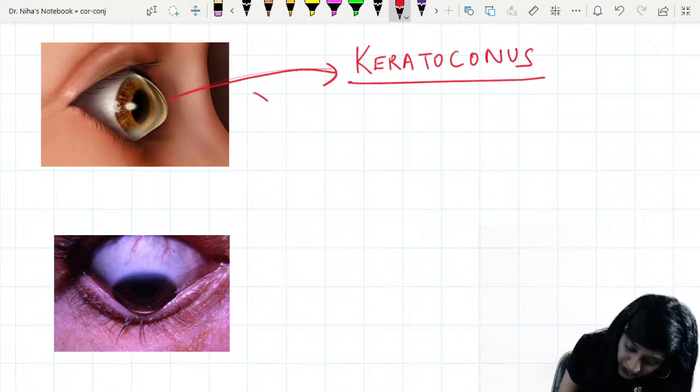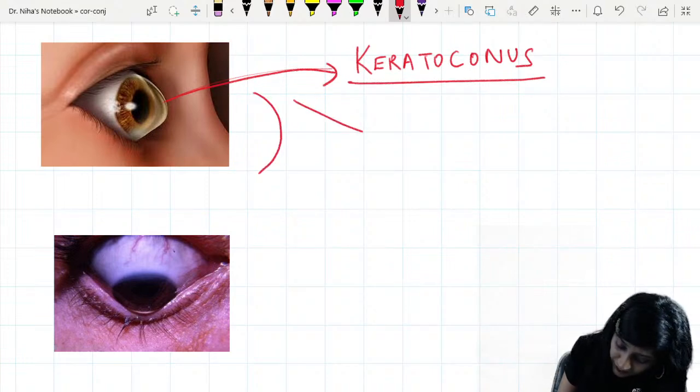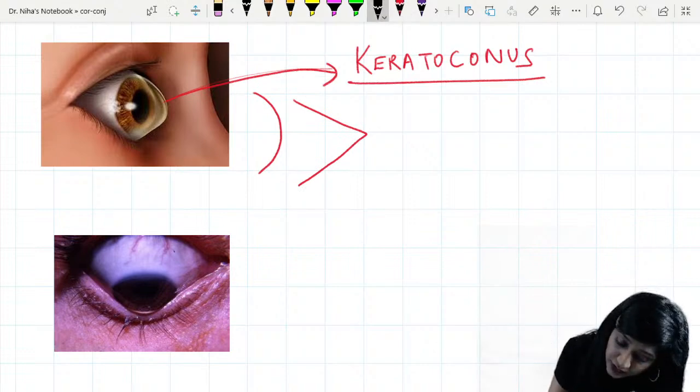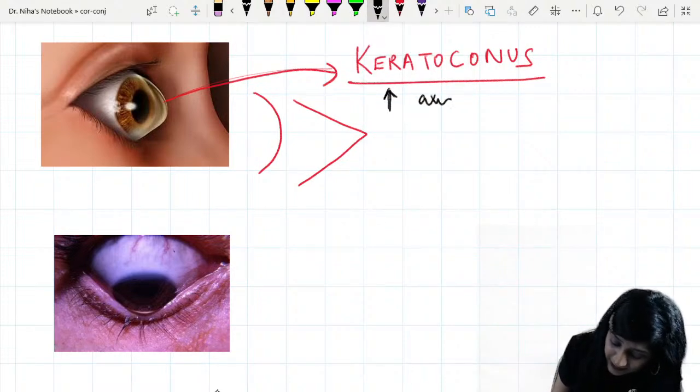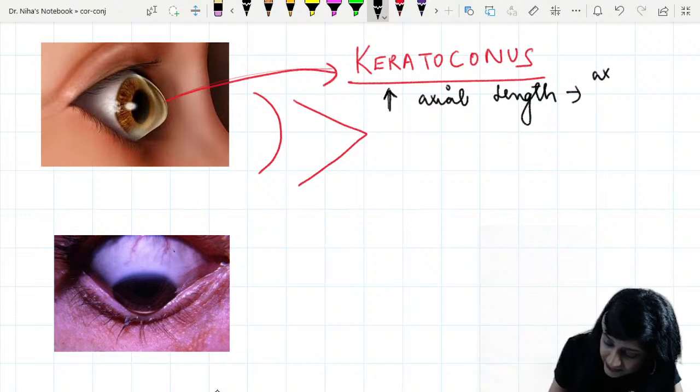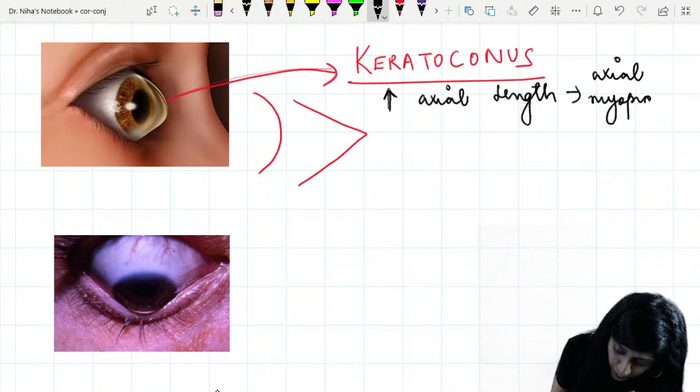So, instead of the convex cornea, I am having the conical protrusion of the cornea. When I am having this, there is an increased axial length. Due to this increased axial length, I will have axial myopia in this patient. Very, very important.